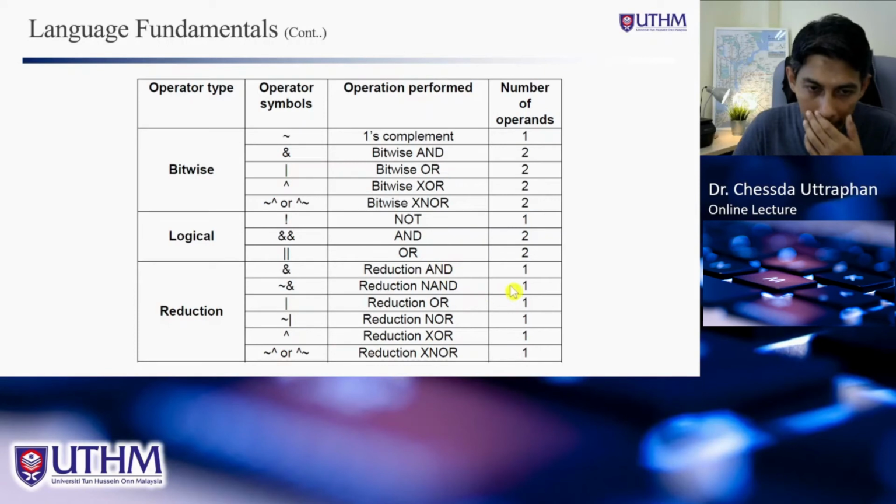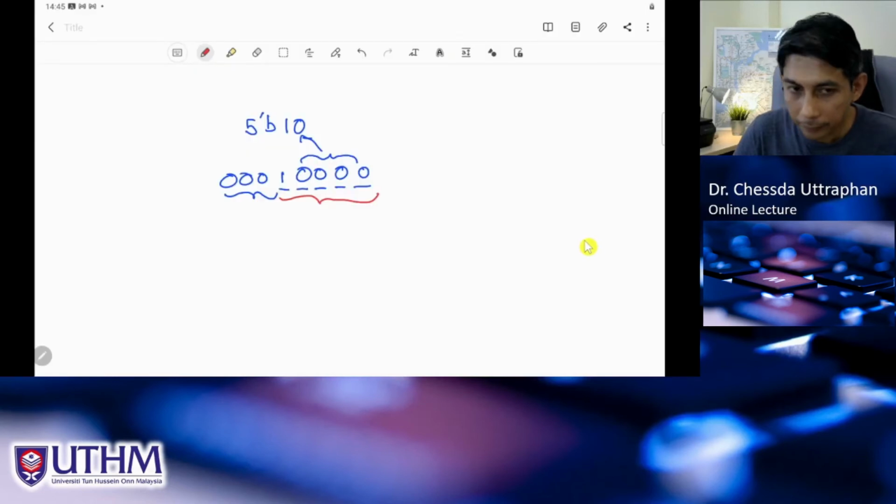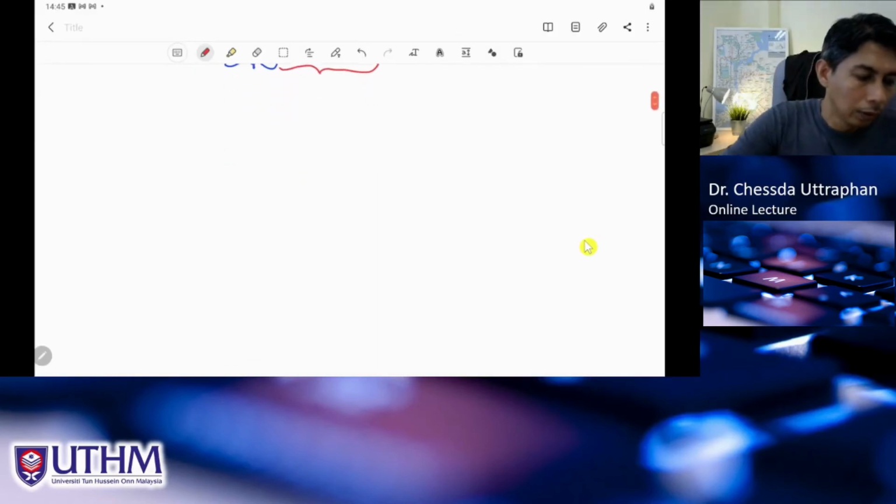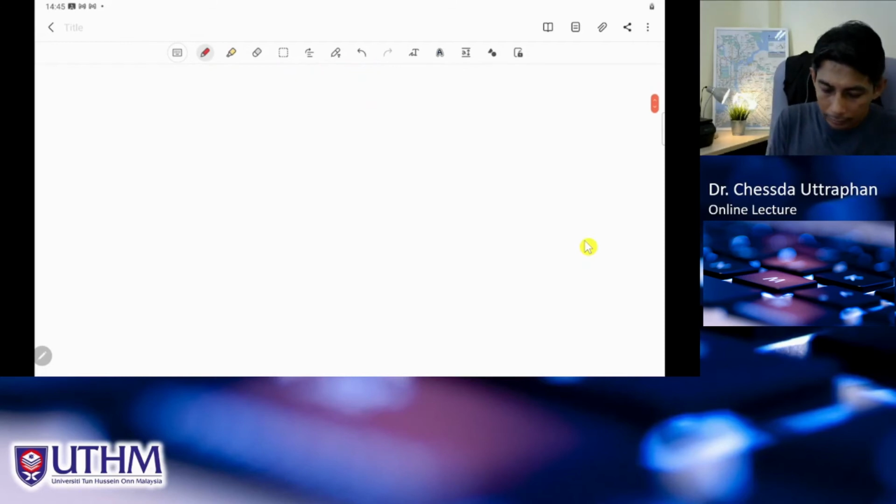What does 1 operand mean here? And what is reduction here? Reduction is actually something like this. For example, we have our A, and we want to do this.